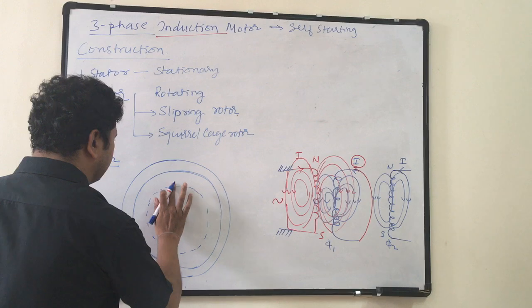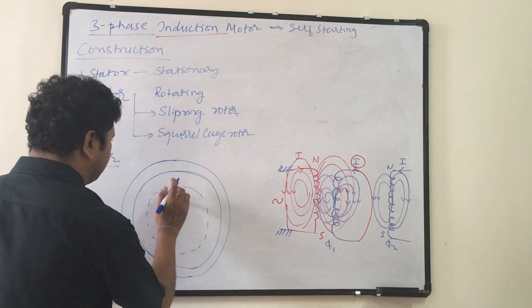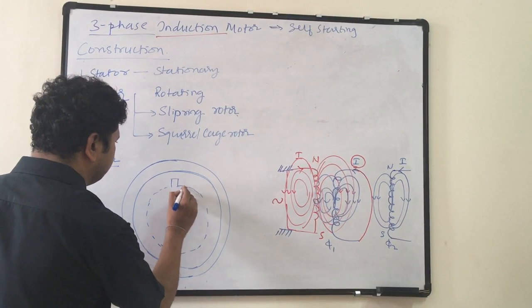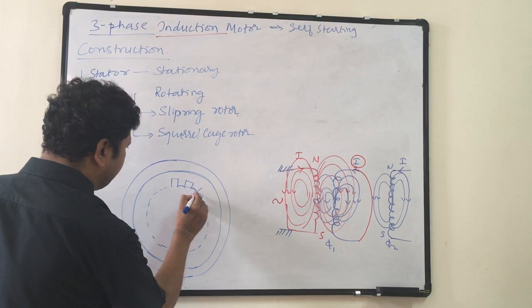It is a hollow cylindrical structure with a number of slots punched in the inner periphery.